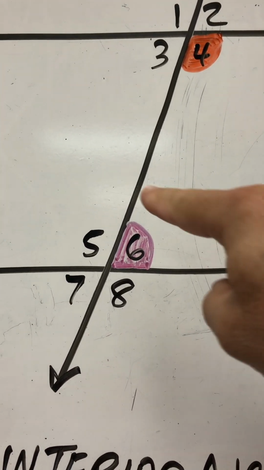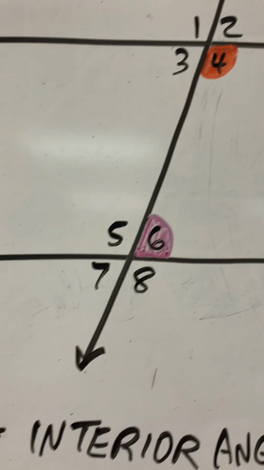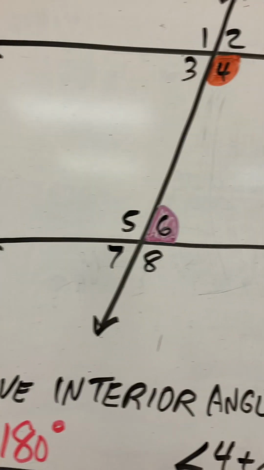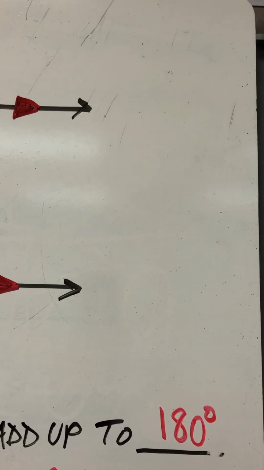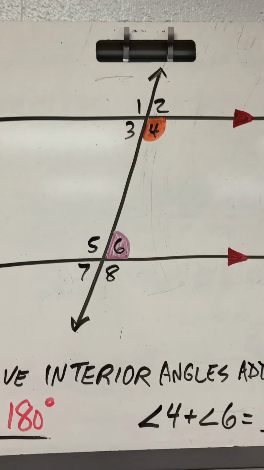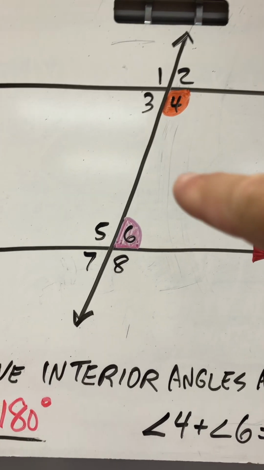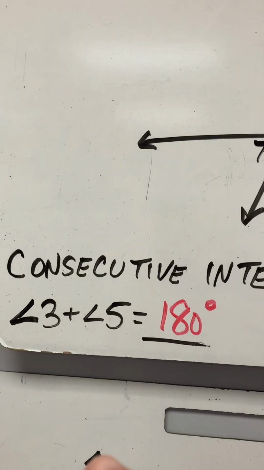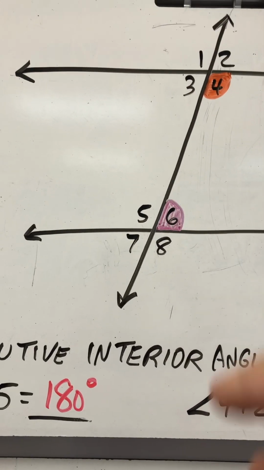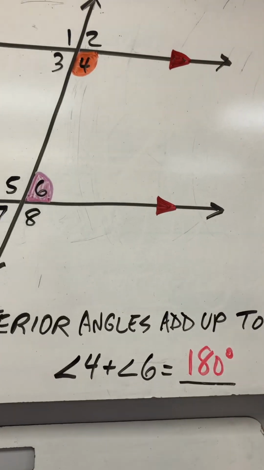This one is clearly less than 90 degrees. However, consecutive interior angles add up to 180 degrees. So angle 4 plus angle 6 equals 180. Angle 3 plus angle 5 equals 180.